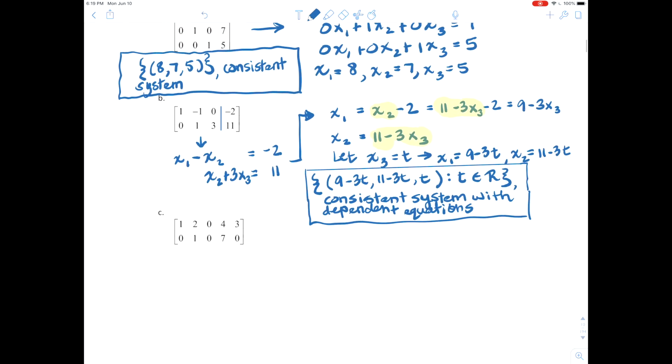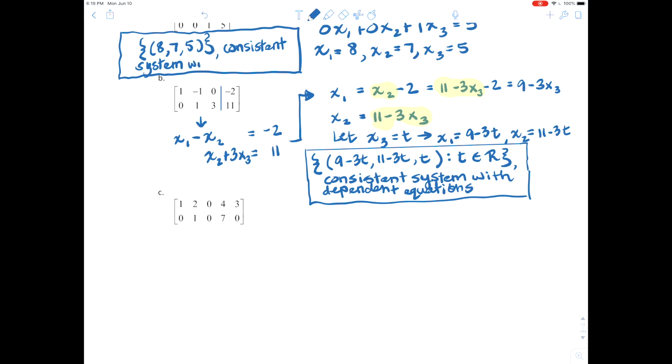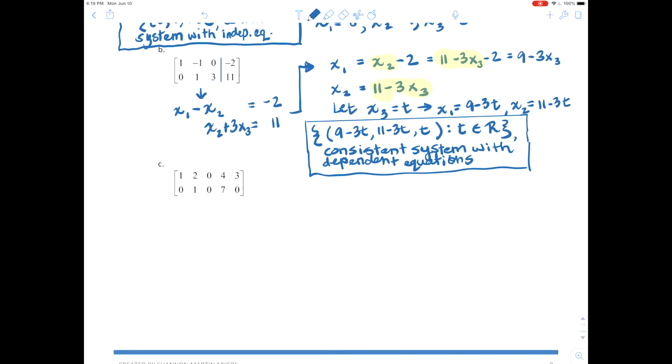This one here had independent equations. All right, so next up, what do we have?